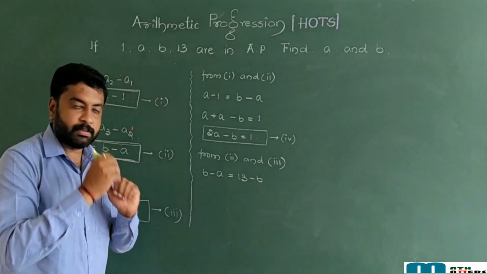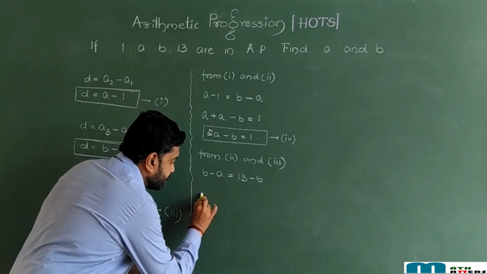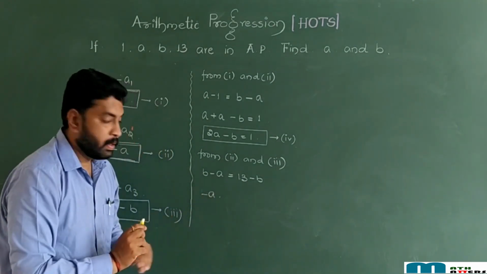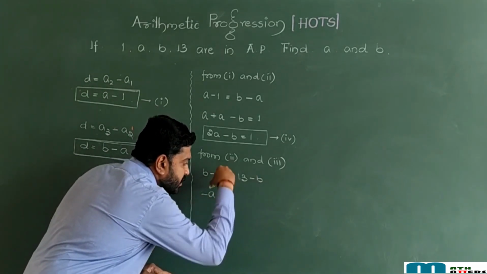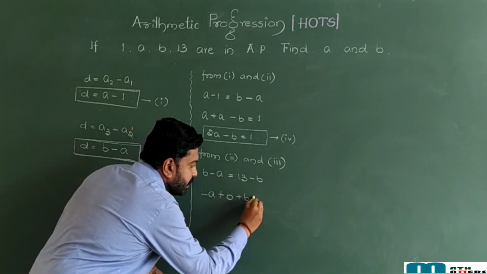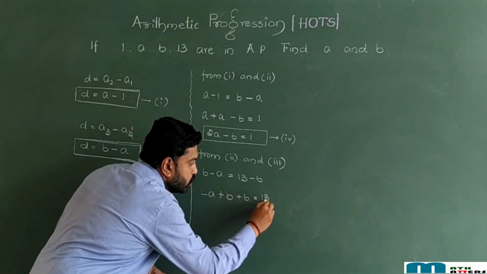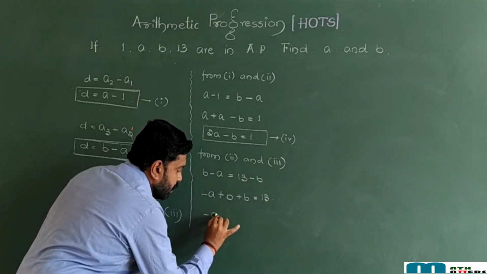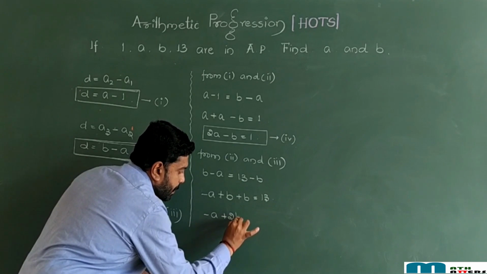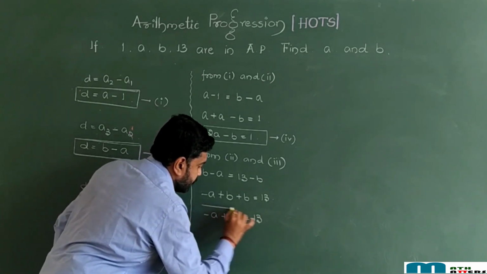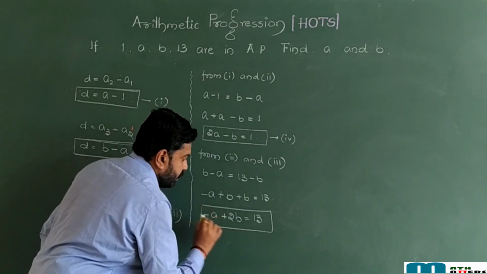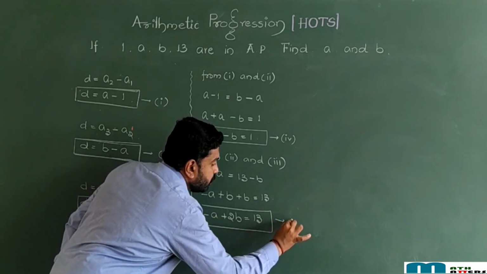Shift all the terms to one side: this minus a as it is, plus b I will write. This minus b is shifted, it becomes plus b, is equal to 13. So make this equation in the simplified form: minus a plus 2b is equal to 13. This I call equation number 5.